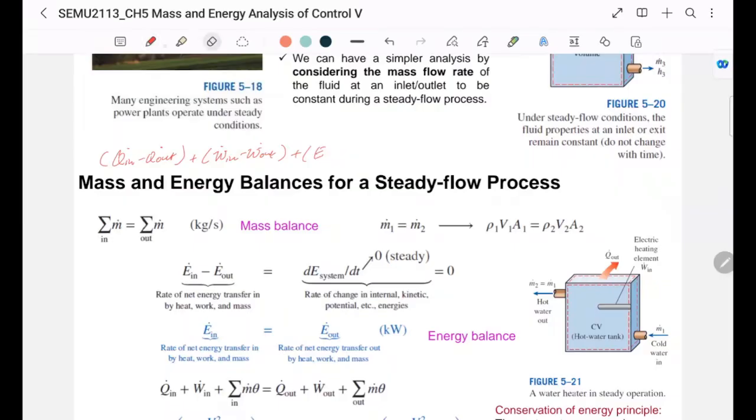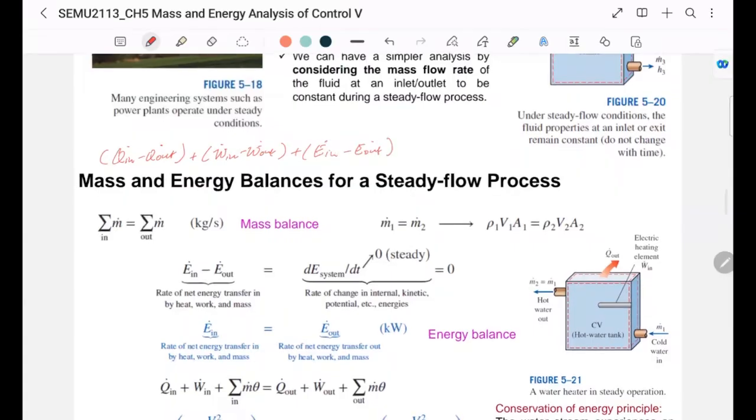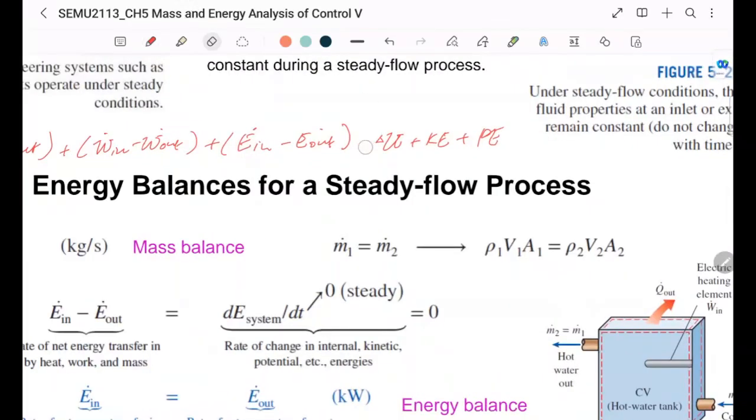I'll just write the E mass as E, so it is a bit shorter.